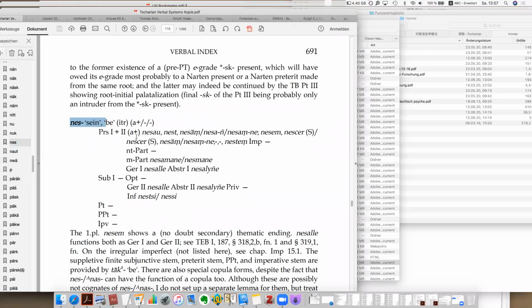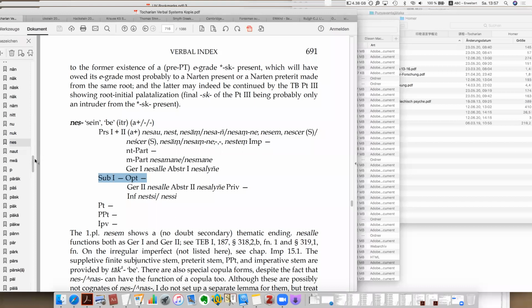It means be. Present: nesal, nest, nesham, nesum, nesam, nesamnia, and so on. So this is the present. But check it, there's no subjunctive. This is really weird, right? There's only present, but there's no subjunctive.